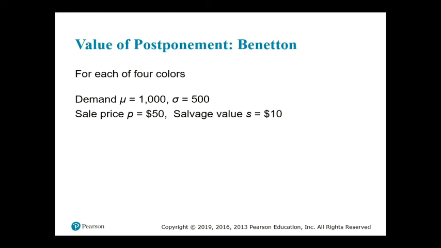So let's look at one simple example of Benetton, who, let's say, sells t-shirts with 4 different colors. In order to produce different colors of t-shirts, they need to complete the garment and then dye them into different colors.